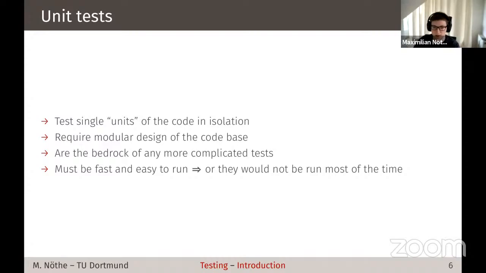You want to make sure that all the small bricks are designed properly, that they work together. And then if you build something complicated, you can just rely on the fact that you tested that all the individual pieces work and test how it works together.